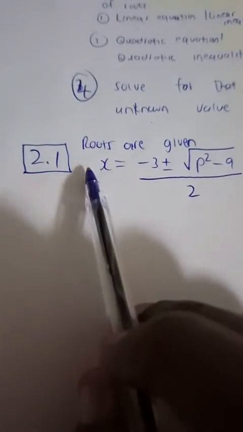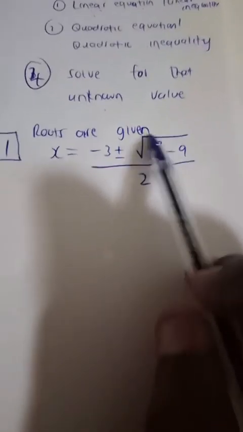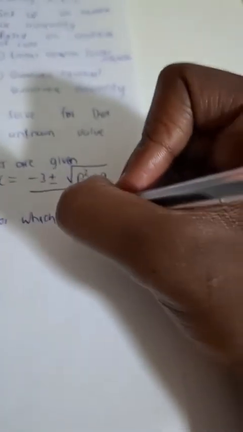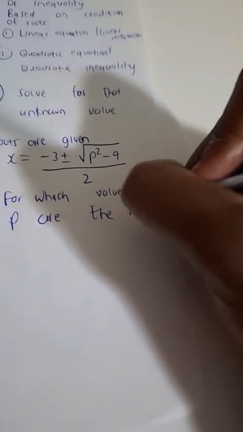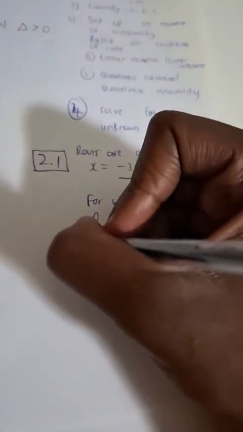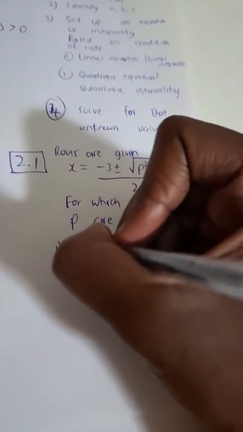And then they say for which values of p are the roots, and I'm just going to say, non-real. They could write other ones like the ones that I've listed here, and all you need to do is be able to set up the equation.